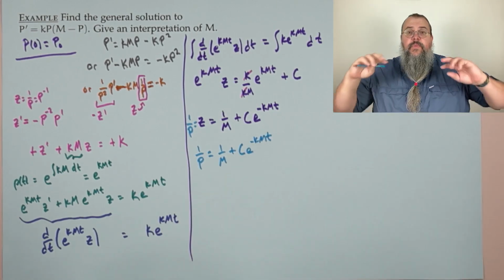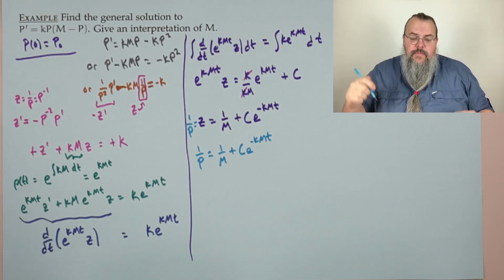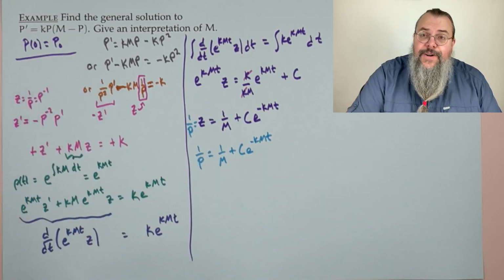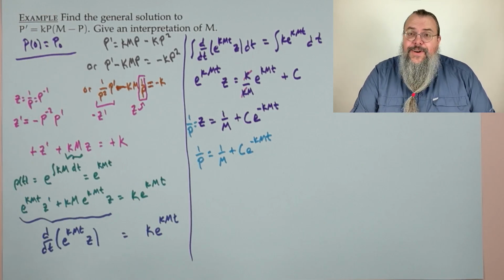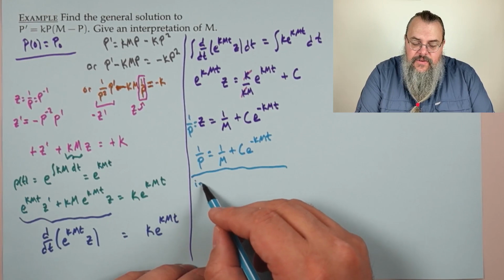Now, the next thing we do is flip both sides and start simplifying. But remember, we were going to solve for an initial condition. So let's go ahead and solve our initial conditions.